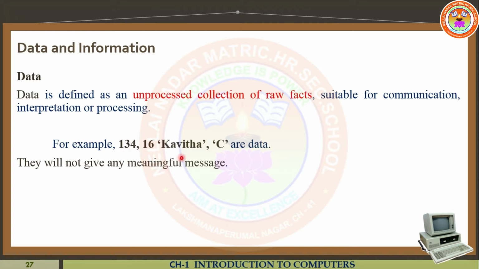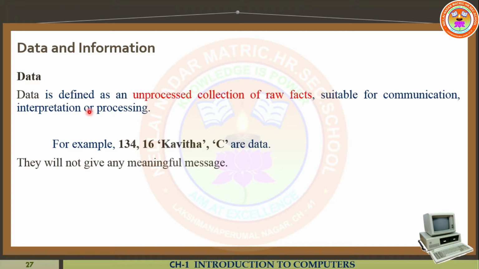Is there any meaningful word or meaningful sentence? No. 134, 16, C, and some name is there, right? So this is not a meaningful one. Yes, so this is called data. Generally, whatever data you give to the computer, it should be considered an unprocessed collection of raw facts. Okay, it does not give any information.